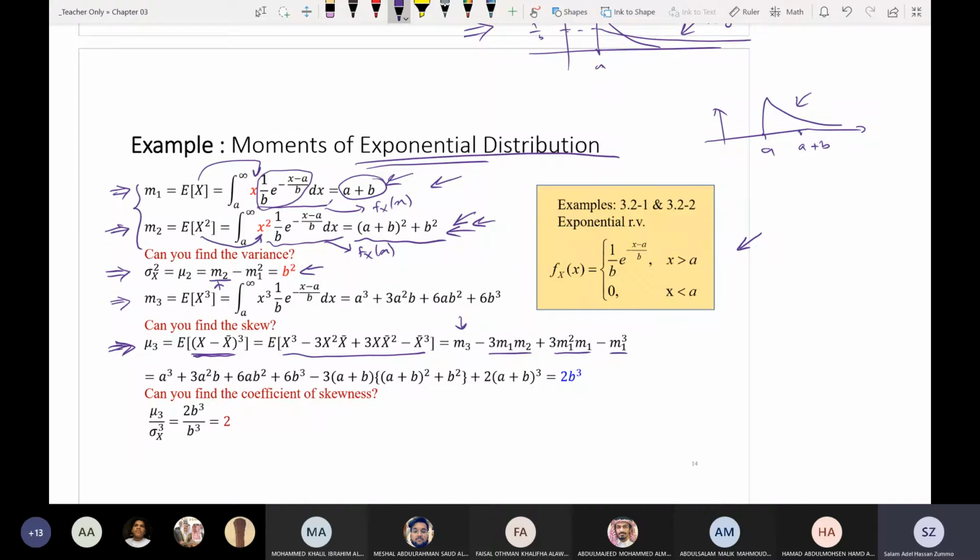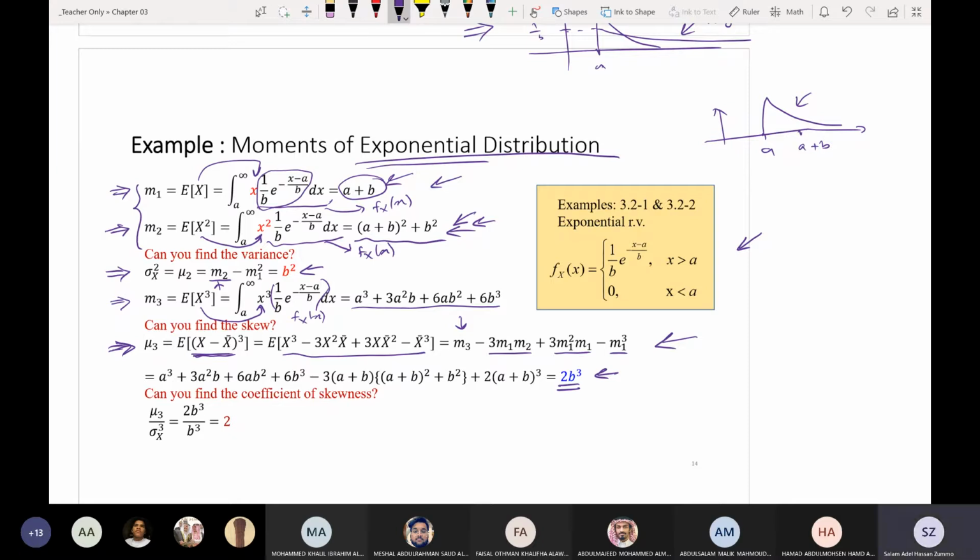So the only missing one is m3. m3 is the expected value of x cubed, so we get x to the power 3 multiplied by the PDF, fx. Again, integrating this by parts, I think 3 times, we get this long expression. Now, putting all these together and simplifying, we get mu3 equal to 2b cubed.